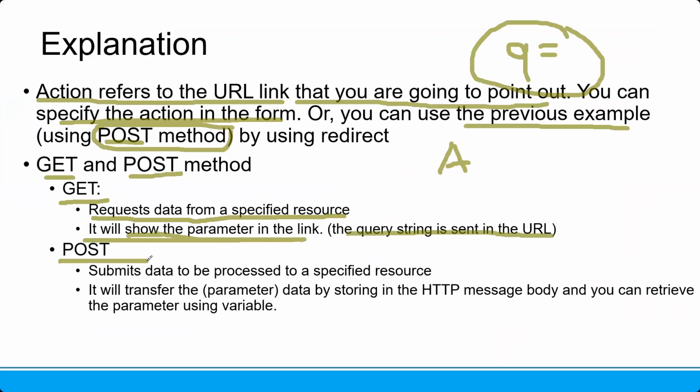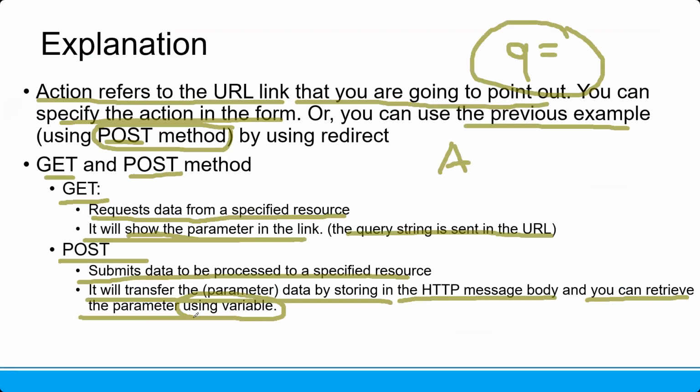But what about post? Post means you are going to submit the data to be processed to a specified resource, and it will transfer the parameter data by storing it in the HTTP message body, and you can retrieve the parameter using a variable. It means you do not need to share it in the URL. So the post is more secure. The post is more safe.